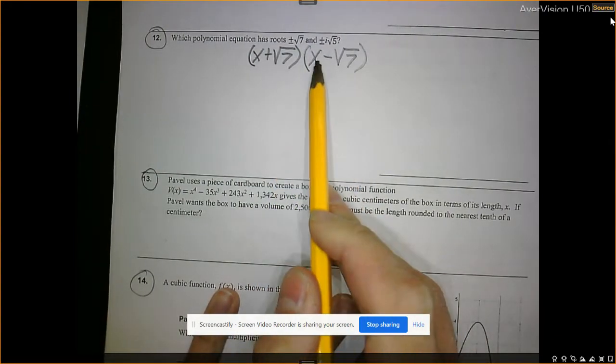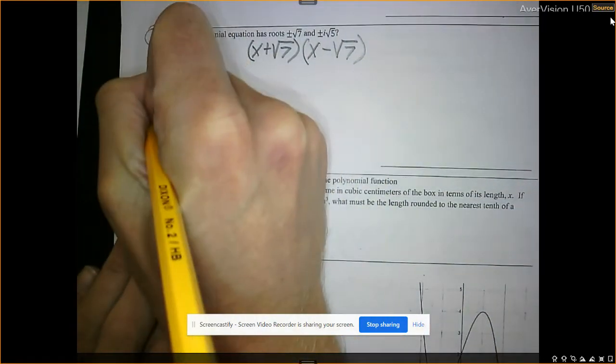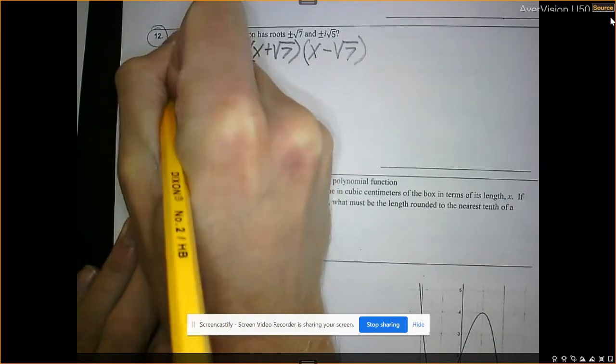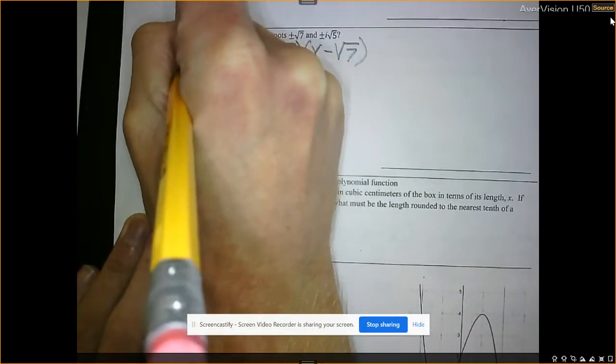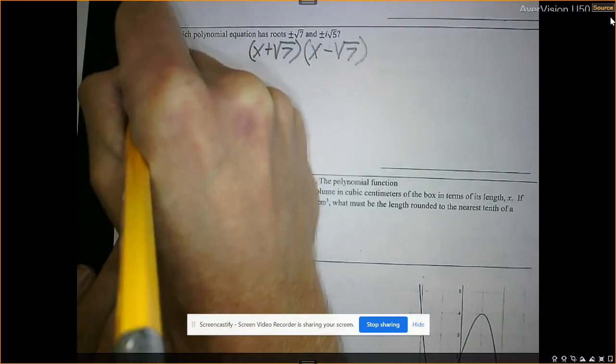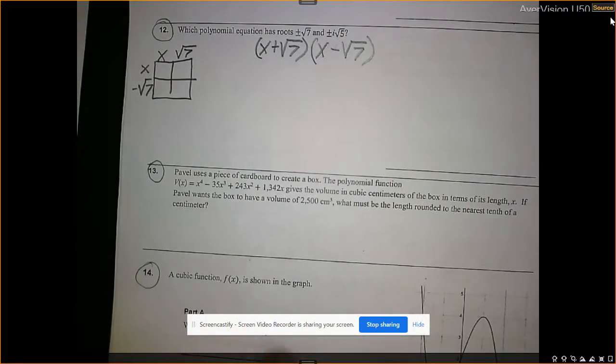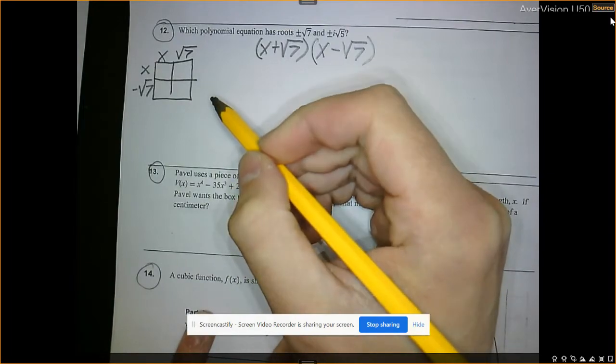And then you can go ahead and multiply these out, whether it's in the box or just foiling. When you do this, x plus root 7 and x minus root 7, I'm not going to show this, hopefully.